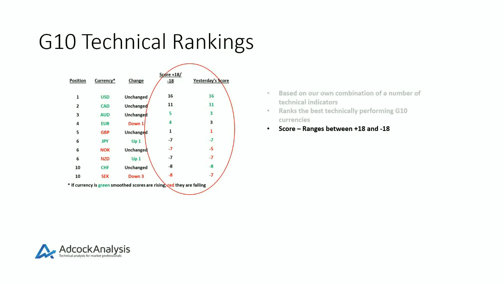Now you'll notice that the numbers are coloured. This reflects the movement for the particular score on that day. So if the number's coloured green, that means the score is higher than the previous session. Coloured red, lower, and black, unchanged from the previous day.